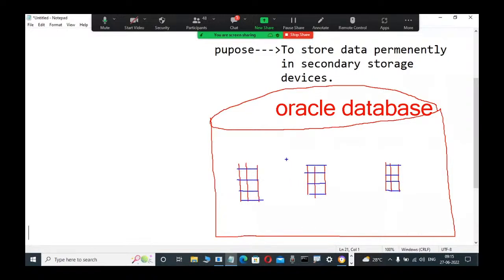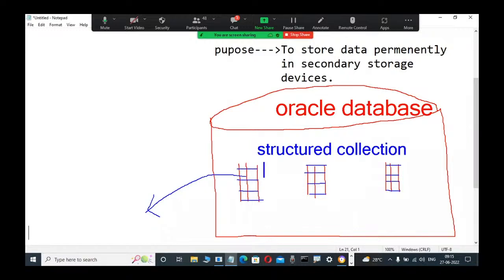So this is a structured collection of data. That's why Oracle, SQL Server, DB2, all these database softwares are relational databases. The relational data model is a concept I will explain later, and they are implemented based on that. So here a structured collection of data is stored, not unstructured. What is data?